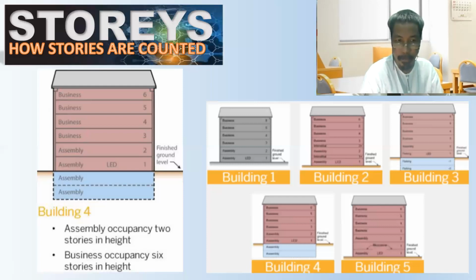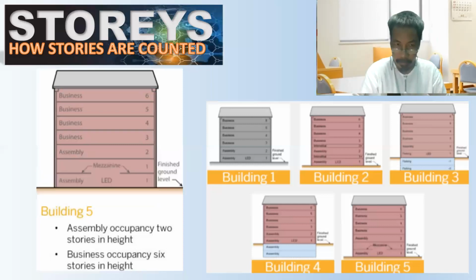What about business occupancy? There are still 6, 1 to 6. So, up to now, we know that there is an overlap of counting. Because if we count the assembly occupancy 2 stories and business occupancy 6 stories, there is an overlap of 2 stories.